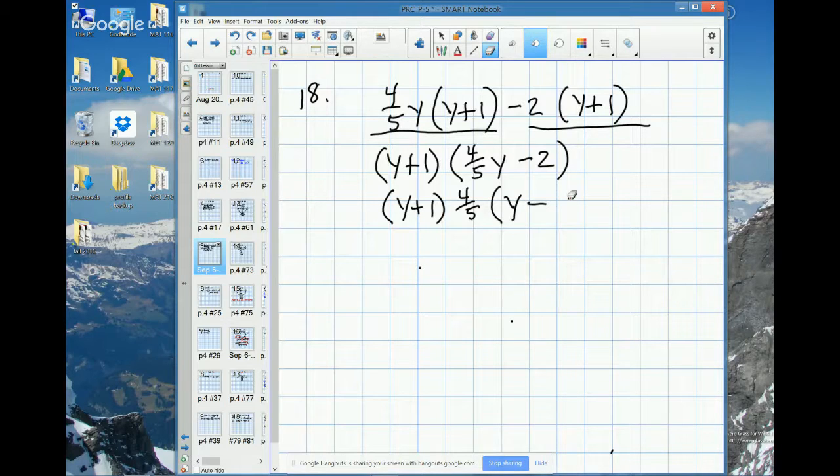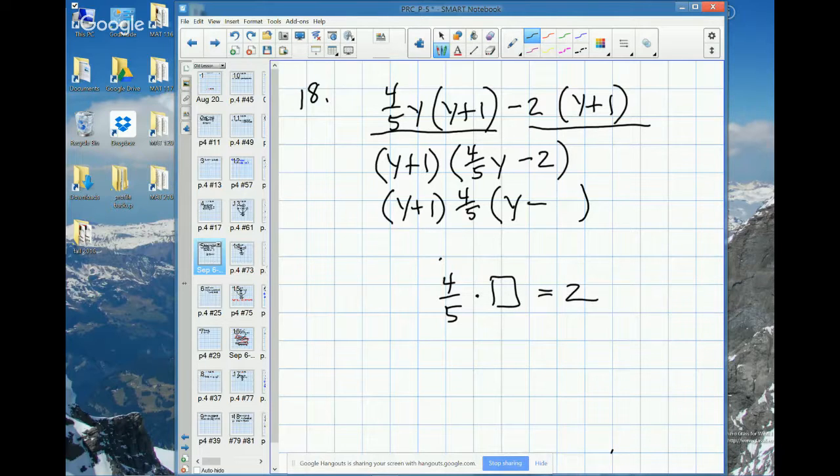And now we've got to put here a number which, when multiplied by 4/5, equals 2. Well, what times 4/5 equals 2?